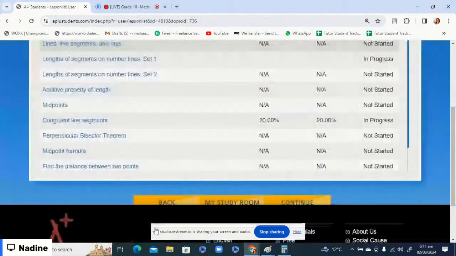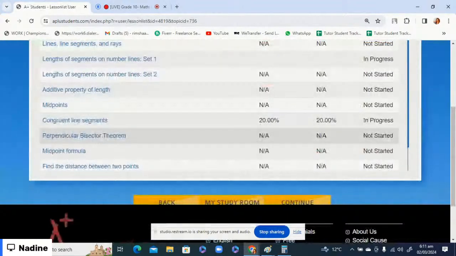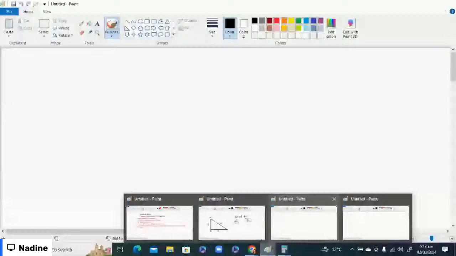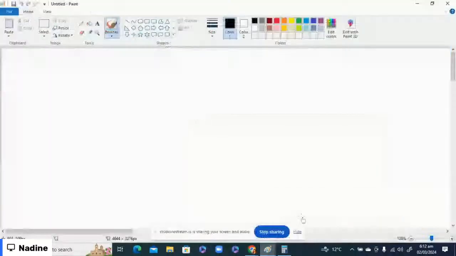We are done with this one. Now let's do perpendicular bisector theorems. First of all, what is the meaning of perpendicular? For example, these are the two lines here.